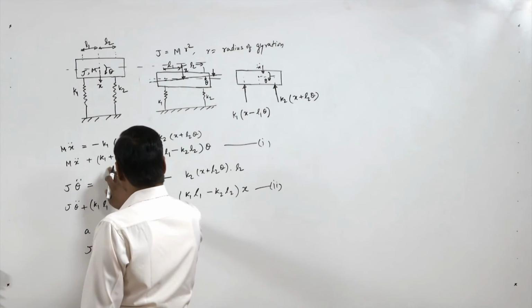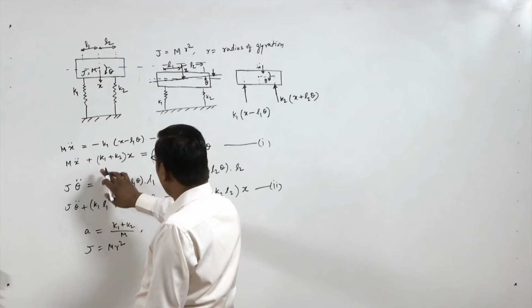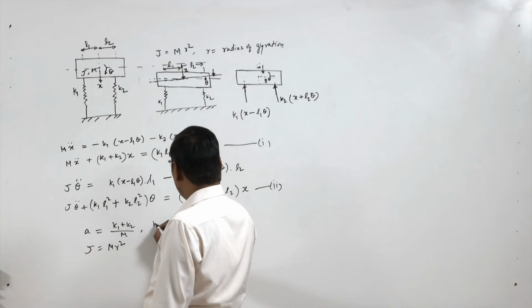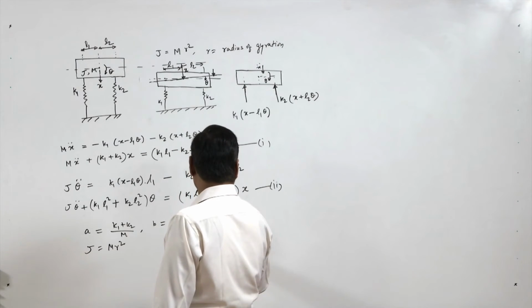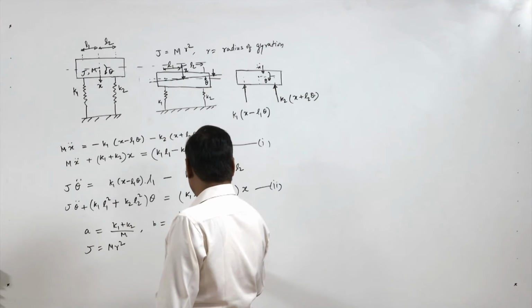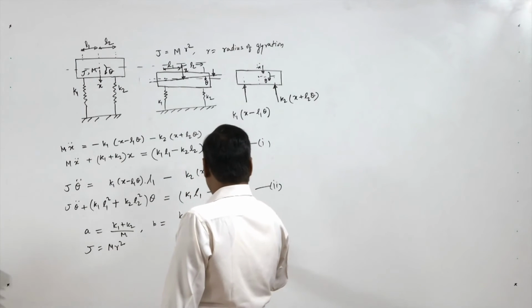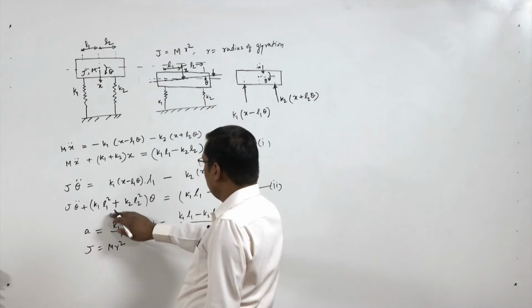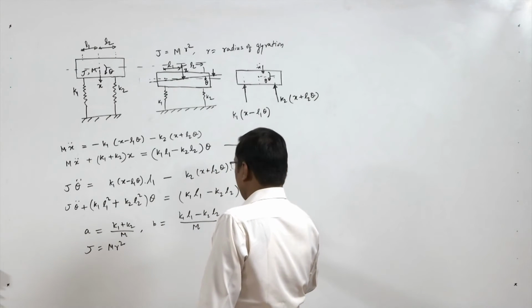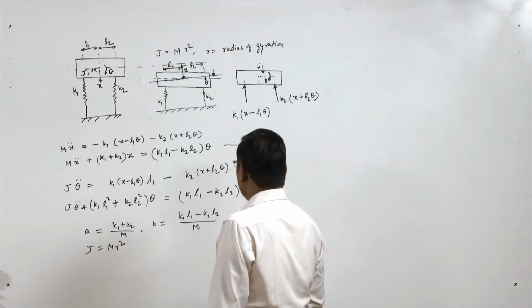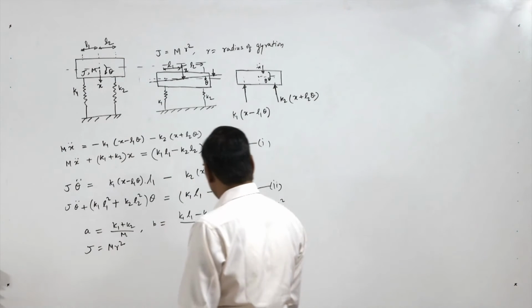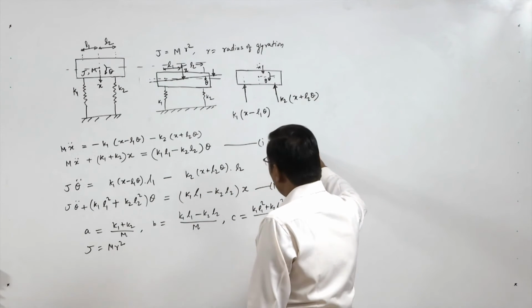So A equal to k1 plus k2 by m, B equal to k1 L1 minus k2 L2 by m, and C equal to k1 L1 square plus k2 L2 square by J. Now we can rewrite equations 1 and 2.